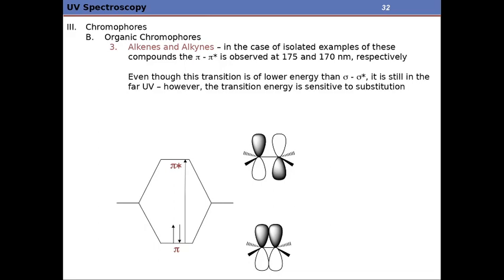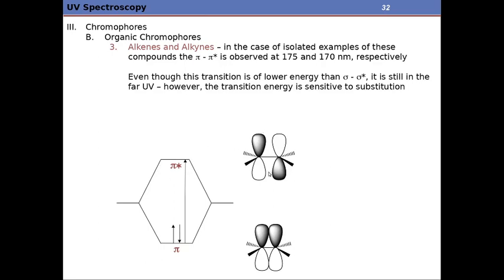So here is a simple picture of ethylene, where two carbon atoms form a sigma bond, and two 2p orbitals on adjacent carbons, for example 2p y orbitals, overlap sideways. If that happens in phase, we have a pi molecular orbital, and if the overlap happens out of phase, then we have a pi star molecular orbital.